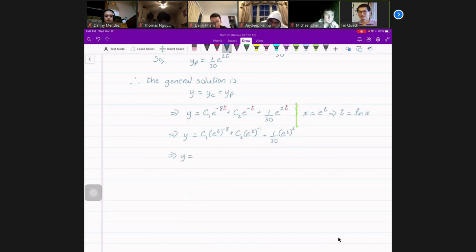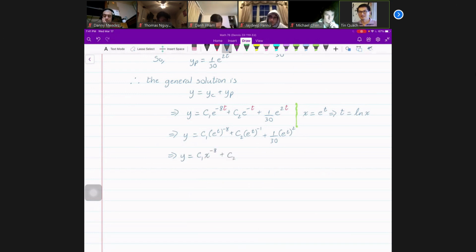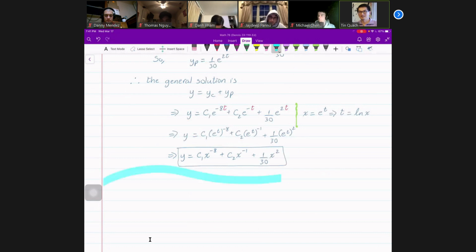So y is equal to c sub 1 times e to the t is x, plus c sub 2 times e to the t is x, and then plus 1 over 30 times e to the t is x squared. Okay. We're done for this section.